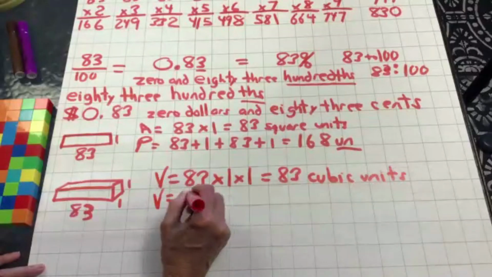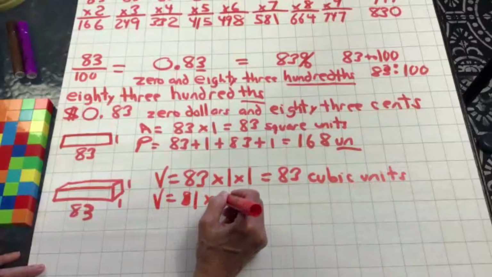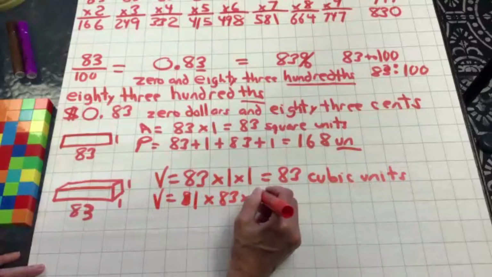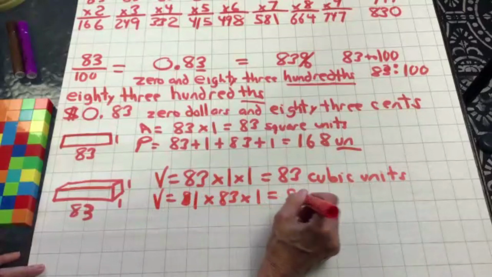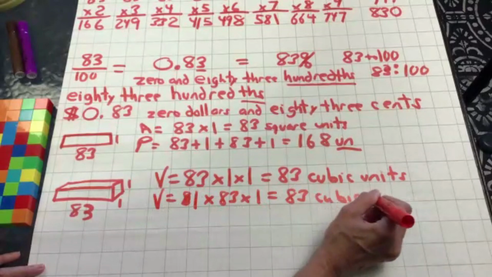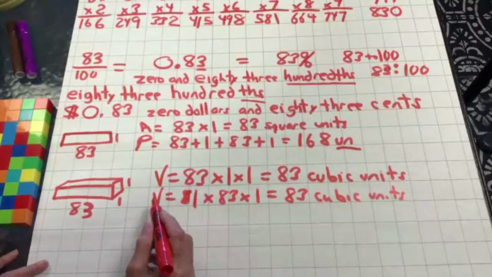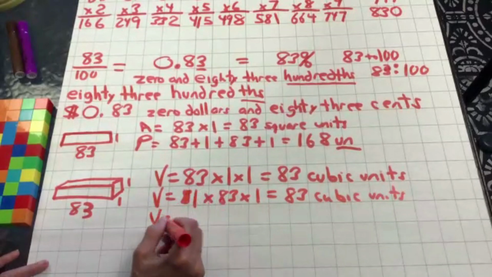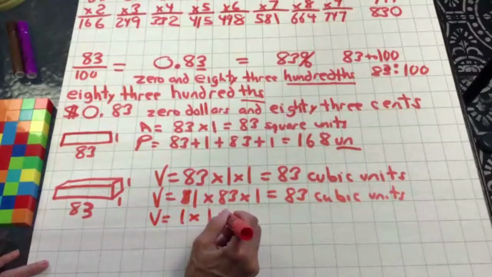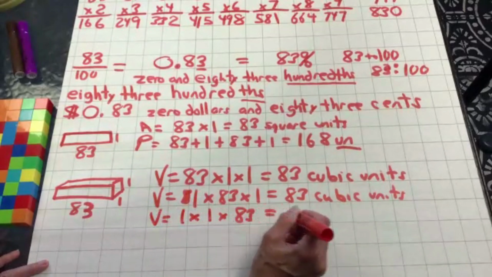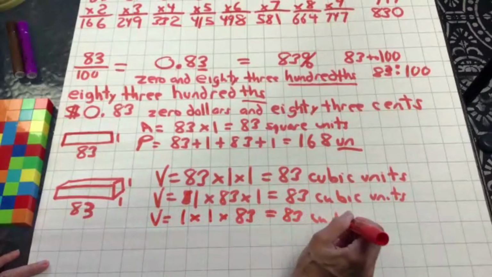Then we will have 1 by 83 by 1 equals 83 cubic units. So we're just writing it out in all the different sequences we can have, or it's going to be a 1 by 1 by 83 equals 83 cubic units.